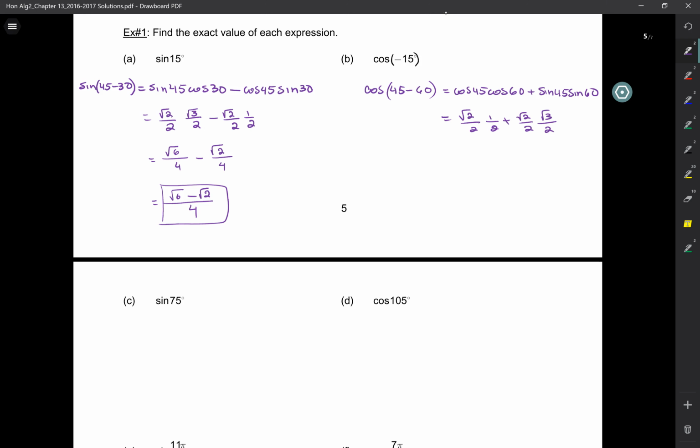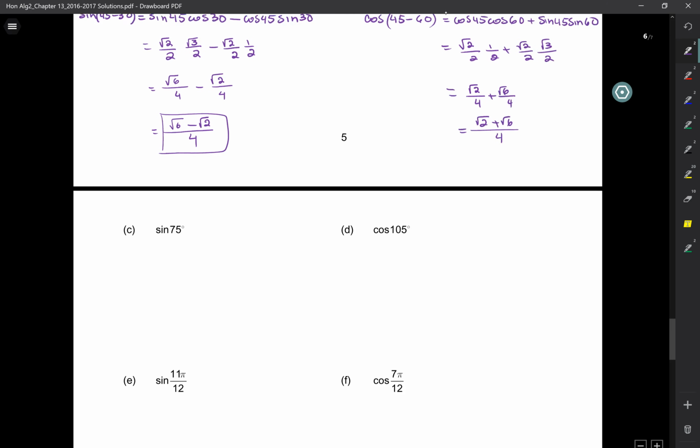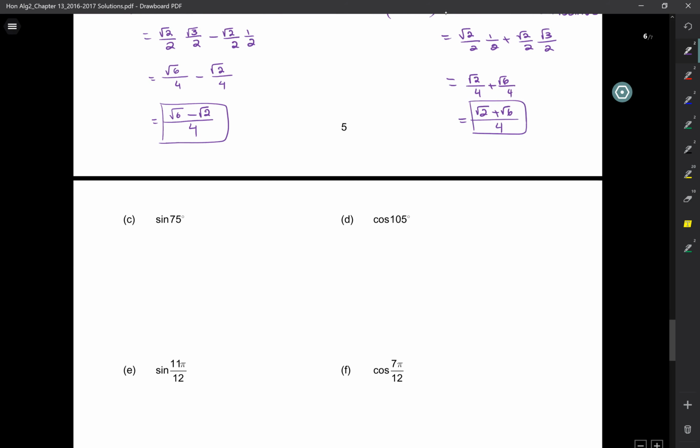If you use the 1/2 here, then it's the root 3 over 2 over there. So this is going to be root 2 over 4 plus root 6 over 4, root 2 plus root 6 over 4. You could say root 6 plus root 2 over 4.